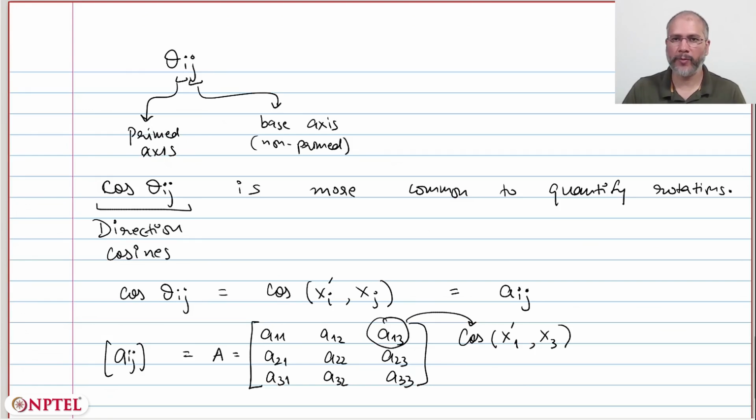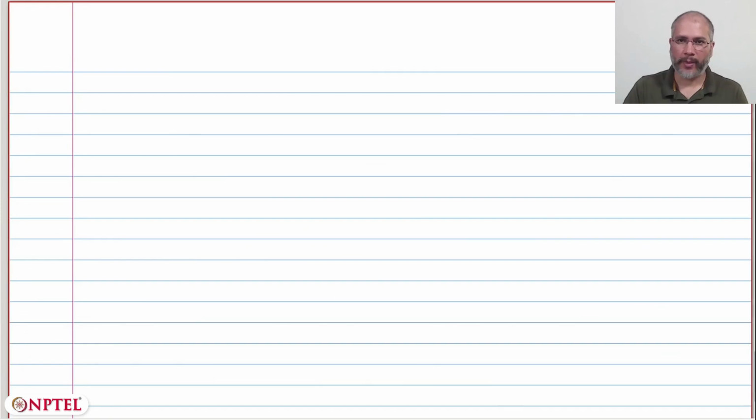So if I was to give you all the angles of rotation from the base to the primed coordinate system, you should be able to write the matrix capital A. In fact, we can also see that an arbitrary element aij of this capital A matrix can be written as ei prime dotted with an ej.